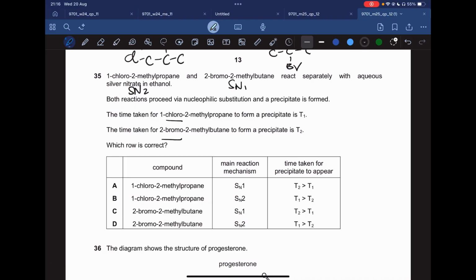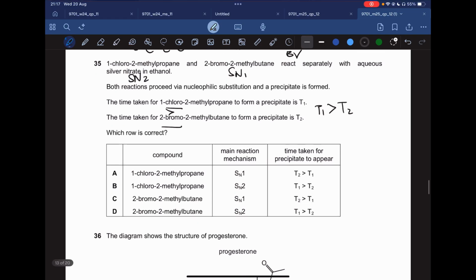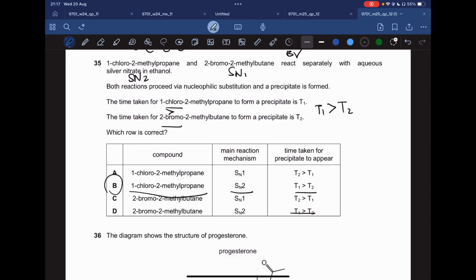Okay, chloro will form faster than bromo, so that means we're looking at T1 is greater than T2. That's just with your silver nitrate test, remember? So let's just put them all correctly now. We're looking at just T1 and T2. 1-chloro-2-methylpropane is SN2. That is correct. This is not SN2.